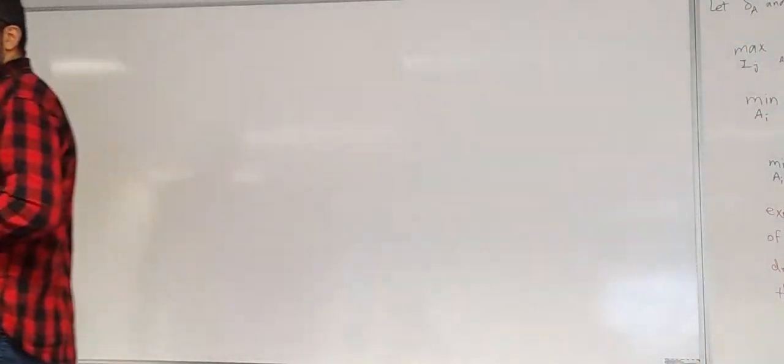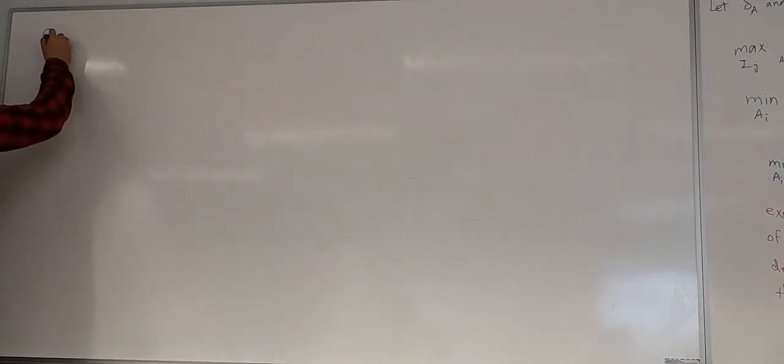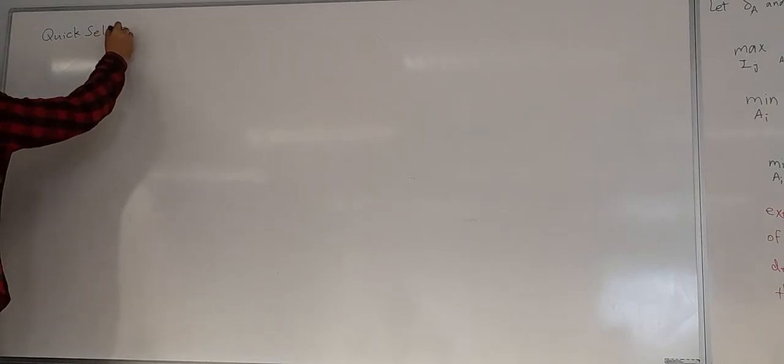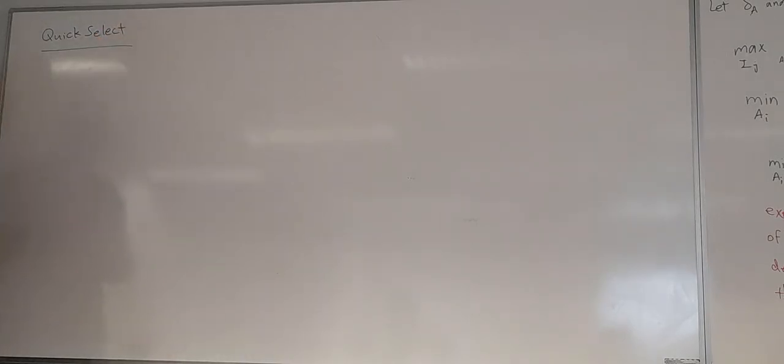We started this course by talking about quicksort, but there is also like a sister algorithm of quicksort, which is called QuickSelect. And I think that you've seen this in your undergraduate courses as well.